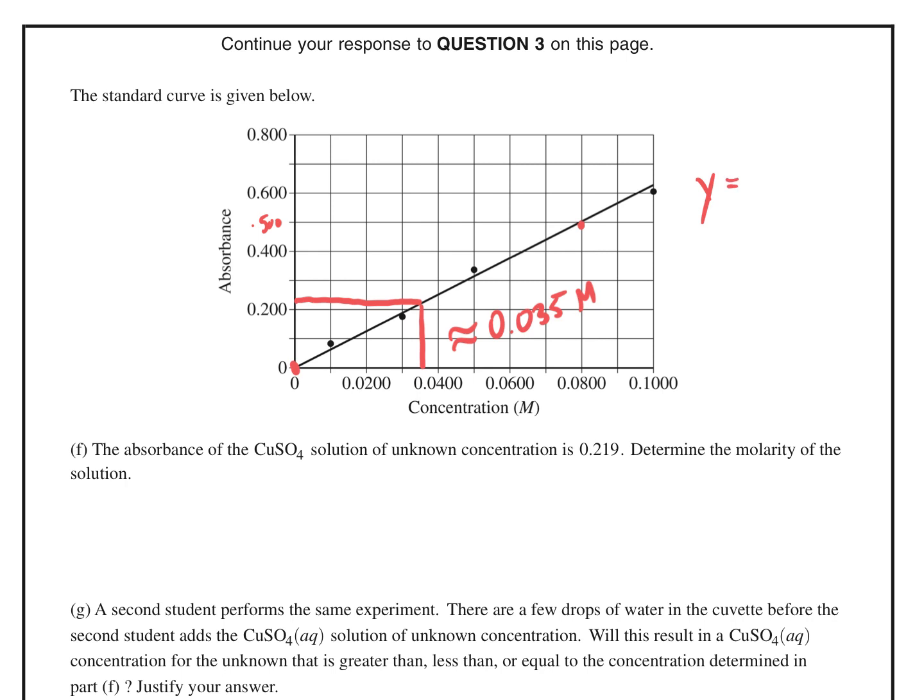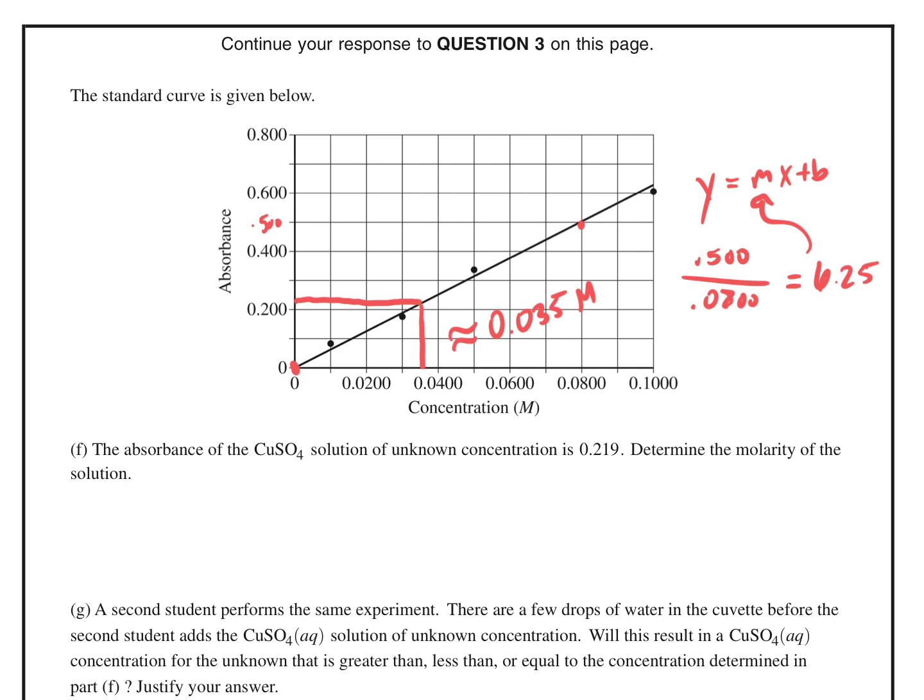If it rises 0.5 and runs 0.08, then I take 0.5 and divide by 0.08 and I get 6.25. That's the slope of my line.